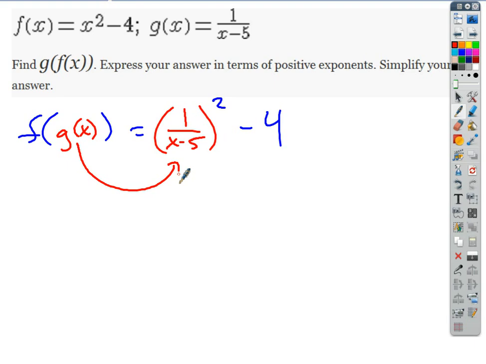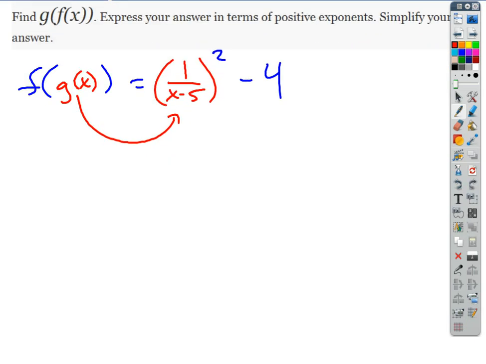So if I wanted to simplify that, what would I do? What do I do if I square a quotient like that? If I have a over b squared, what's that equal to? a squared over b squared, sure.